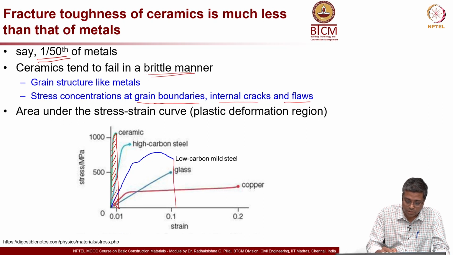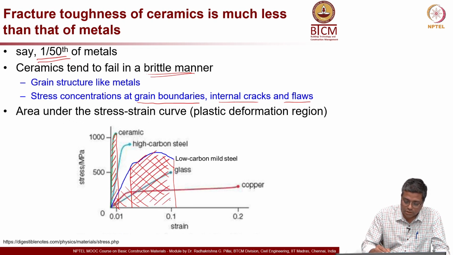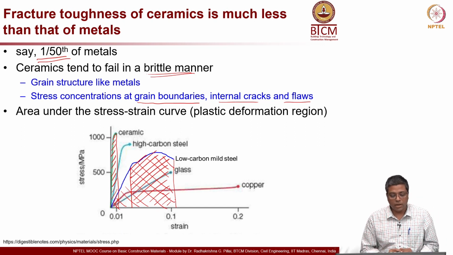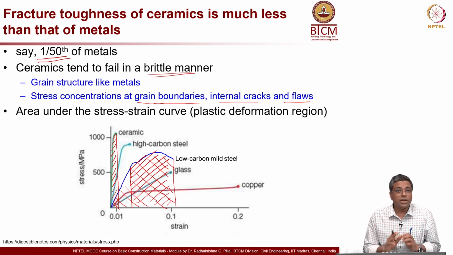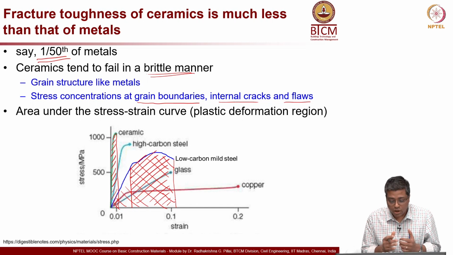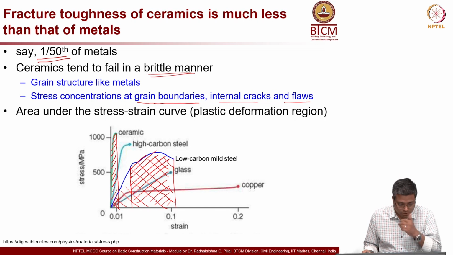So, this is the area under the curve, and if I consider the area in the post elastic region, I still have a very large area. So I can definitely say that the low carbon mild steel shown there will take much more energy before it can fracture into two pieces.